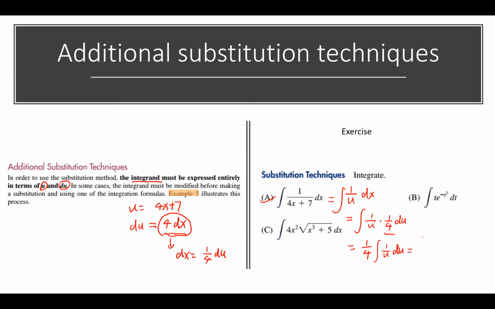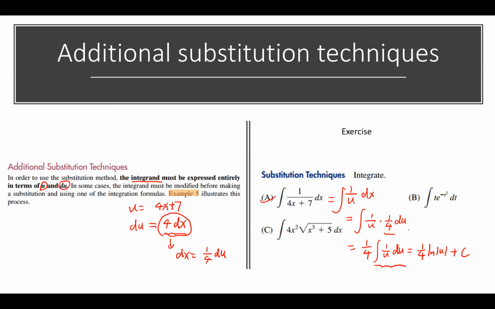So we continue. We just want to take the integration of this portion. And based on the property we discussed earlier, this is a function whose derivative is ln of the absolute value of u plus a constant c, right?